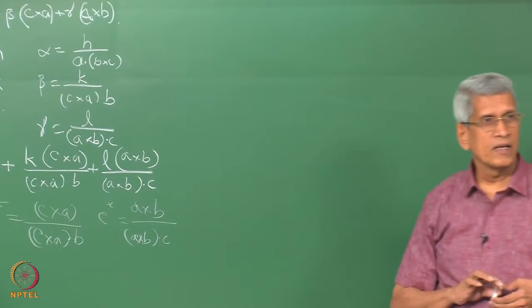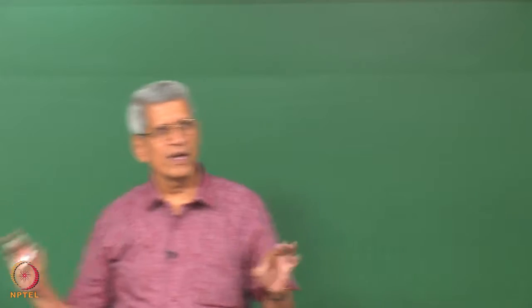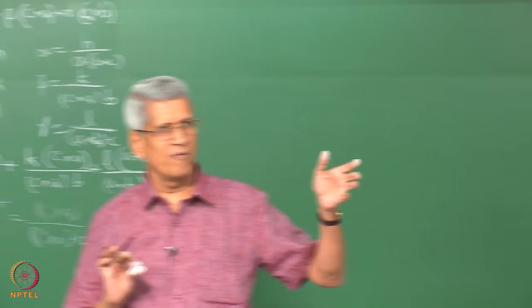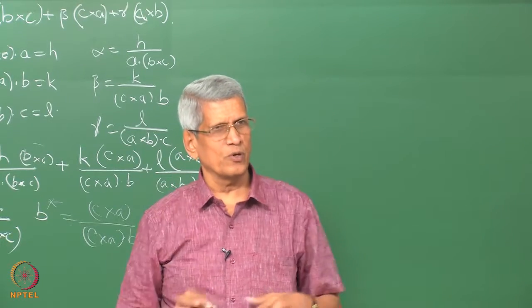Is this clear? So, naturally, for every vector you can have a reciprocal vector. In vector algebra this is called a dual space, where for every space there is a reciprocal space which is always going to exist.